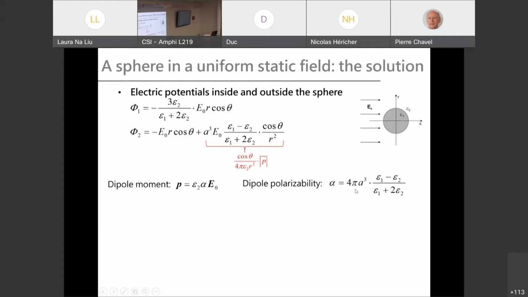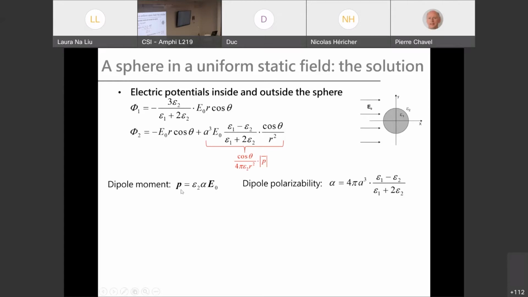Alpha is equal to 4 pi a cubed, where a is the radius of my nanoparticle, times epsilon 1 minus epsilon 2 divided by epsilon 1 plus 2 epsilon 2, where epsilon 1 is the dielectric constant of my nanoparticle. So alpha is material specific.